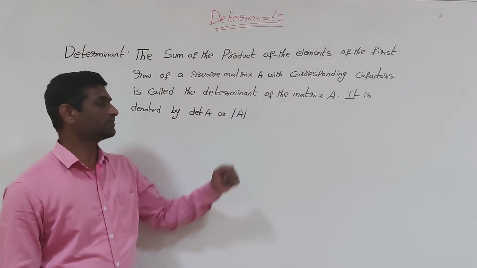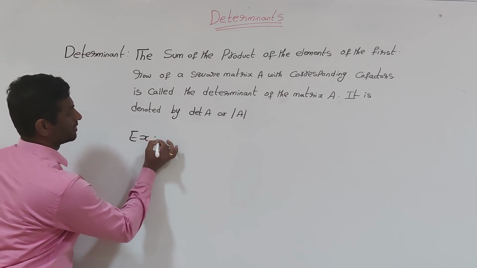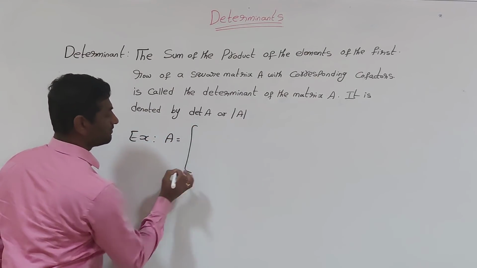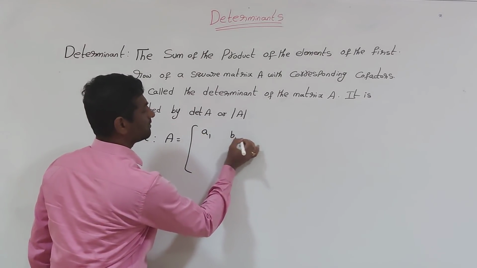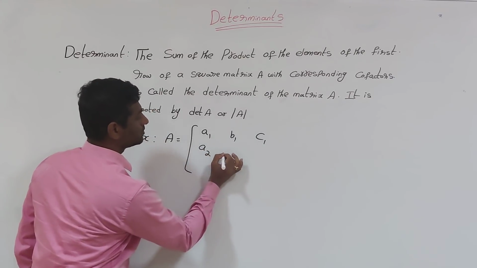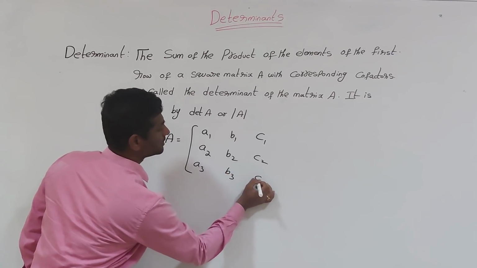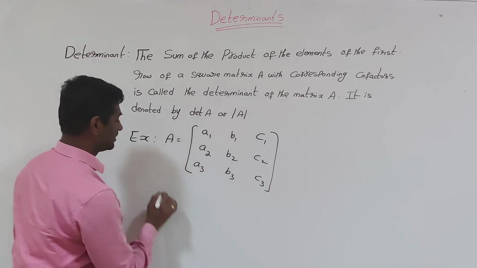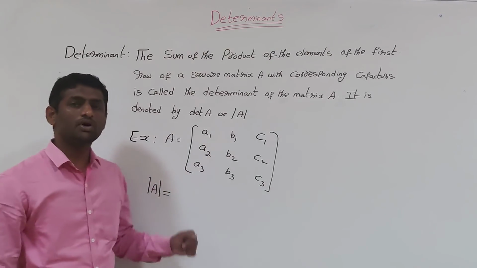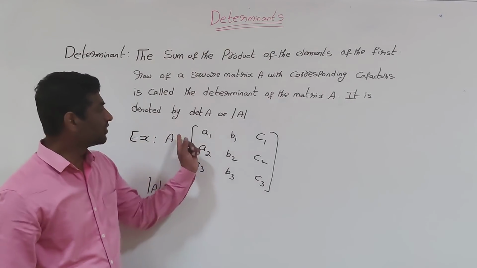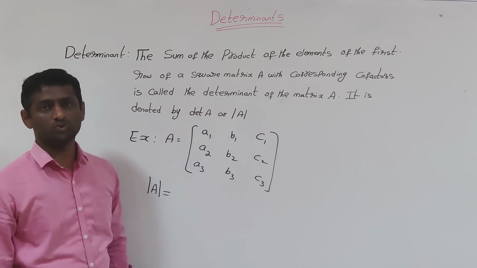See, example: A is equal to, if it is a square matrix of order 3, A1, B1, C1, A2, B2, C2, A3, B3, C3, and the determinant of A is equal to the sum of the product of first row elements with the corresponding cofactors of the first row.